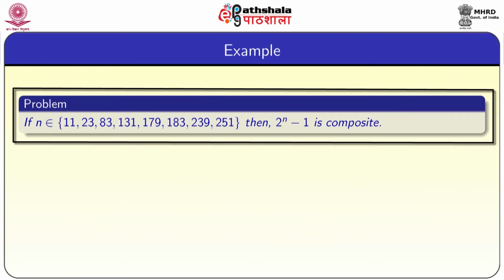So, now we will look at another example. It says that if n belongs to {11, 23, 83, 131, 179, 183, 239, 251}, then 2^n minus 1 is a composite number. Here it looks like there is no need of quadratic residues, but by using quadratic residues problems of this type can be solved very easily.